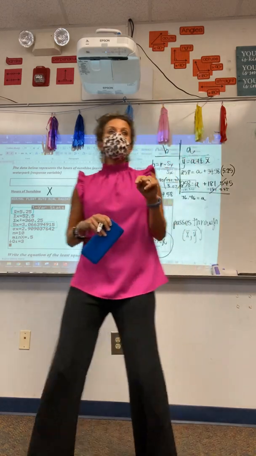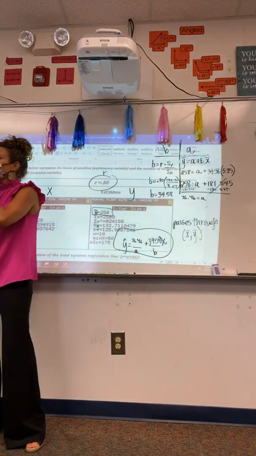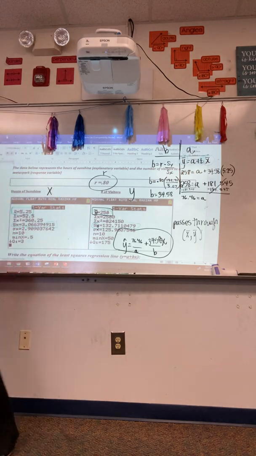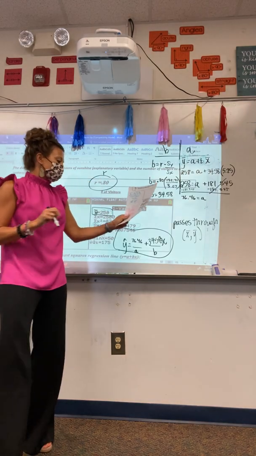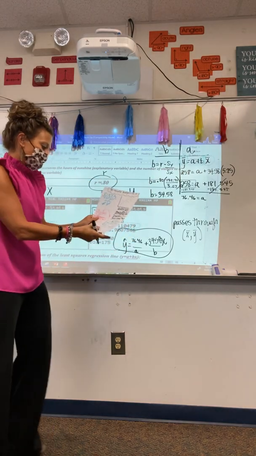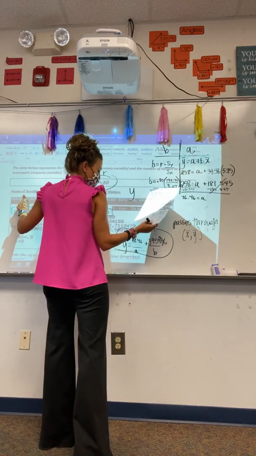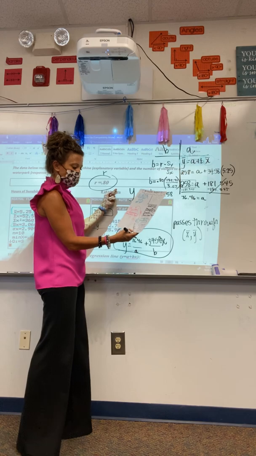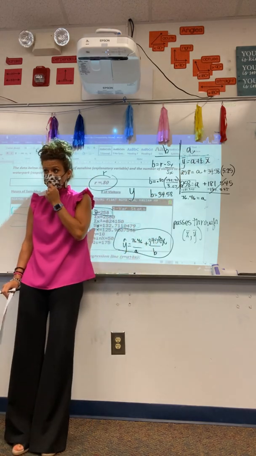Now, can you describe your A value? That's your y-intercept, in context. My A value: I predict when hours of sunshine is 0, the number of visitors is 76.46.